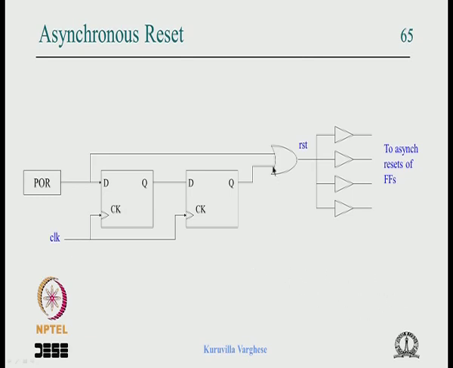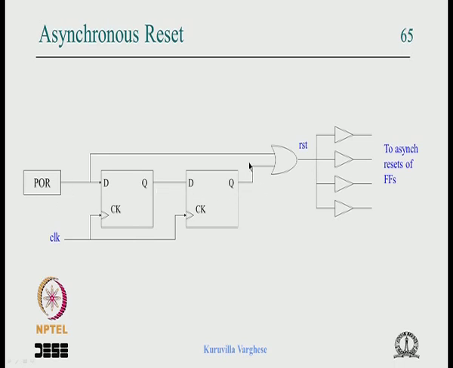Now what we are doing is ORing together. The leading edge comes as it is, because it is ORed with the delayed version, but the trailing edge is the synchronized version. That is the clever trick for an active high reset. I hope you got this. We have a double stage synchronizer for the power on reset.